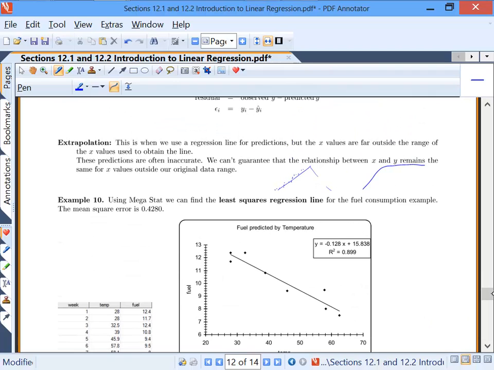So for example 10, using intercept, we can find our least squares regression line for the fuel consumption example. The mean square error is 0.4280. Remember, mean square error is just another way to write sigma hat squared, so that's our estimate for the variance of the errors.